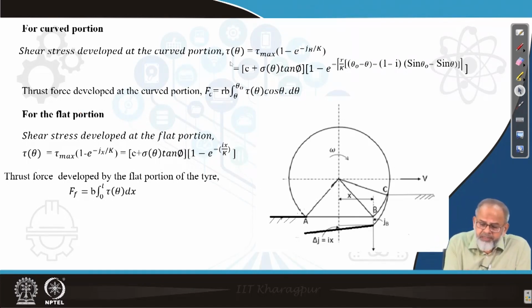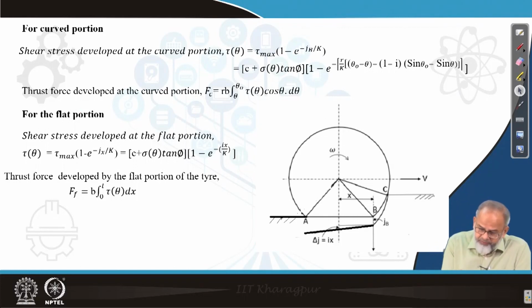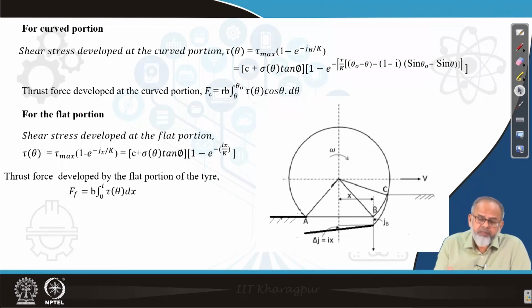So in this case, I have taken the loose sand, where tau theta is equal to tau max into 1 minus e to the power minus Jb upon k, Jb being the displacement in the curved portion, divided by k, the shear deformation modulus. Now if you know the normal distribution, then tau max I can write as c plus sigma theta tan phi, into 1 minus e to the power minus r upon k into theta 0 minus theta.